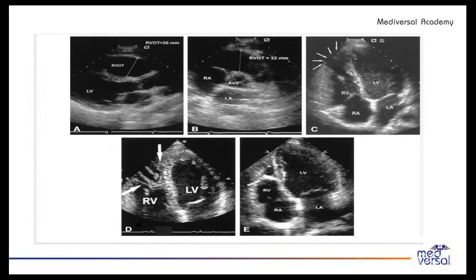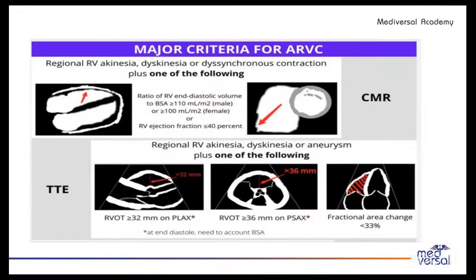And what is the use of taking the RVOT measurement? Generally there is arrhythmogenic right ventricular cardiomyopathy, where we will see there will be task force criteria. For that we will take the RVOT measurement in two views, like parasternal long axis view and parasternal short axis view.